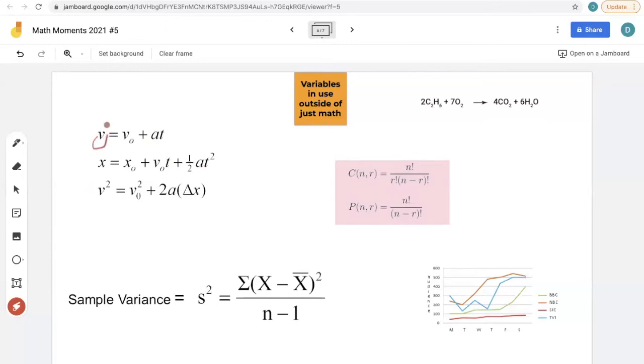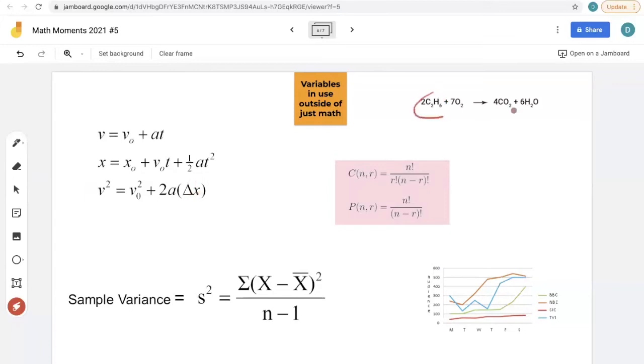So all of these mean different things. Yeah, so we have V, V naught, A, T, X, X naught, T squared, even this delta here, which actually means change in. So a very complicated equation, but kind of fun.